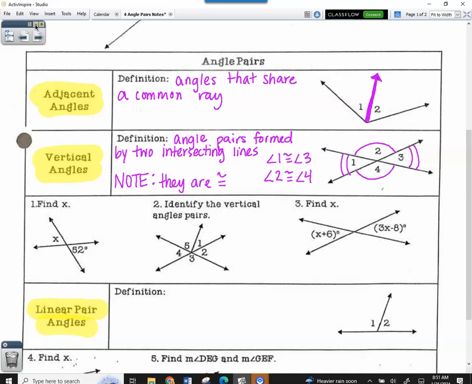It says find the measure of x. What is it? It's 52. You have two lines crossing, so you have vertical angles. Find them. So 52, think of the double-ended flashlight, would be congruent to x. So x equals 52 degrees.